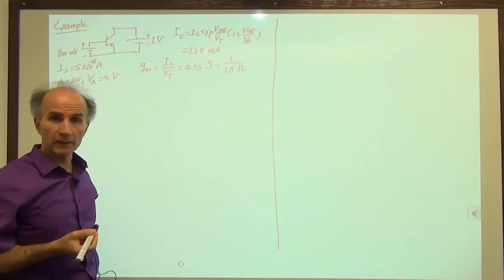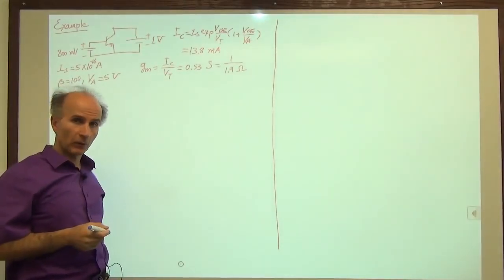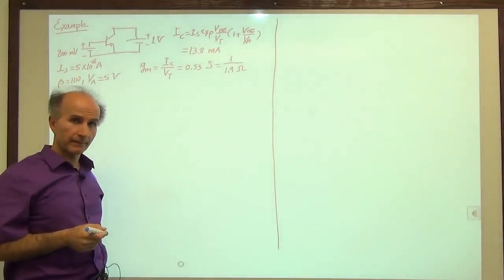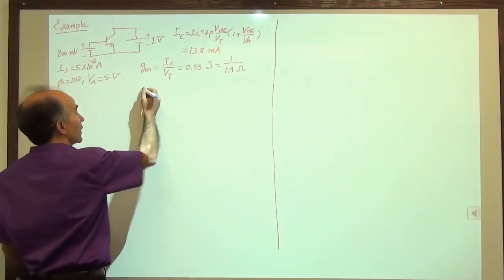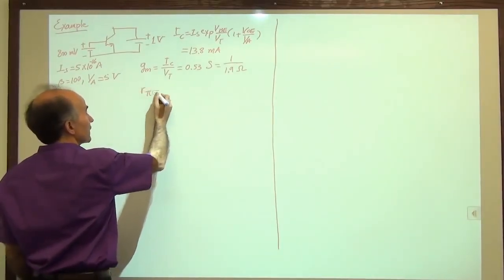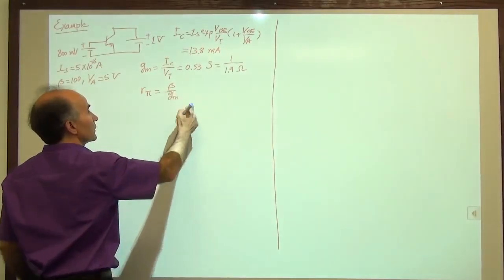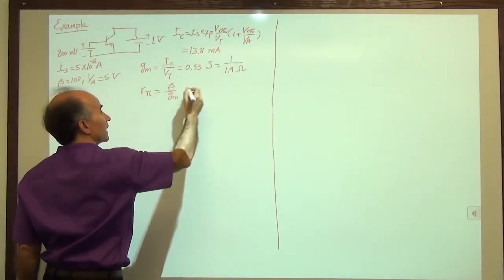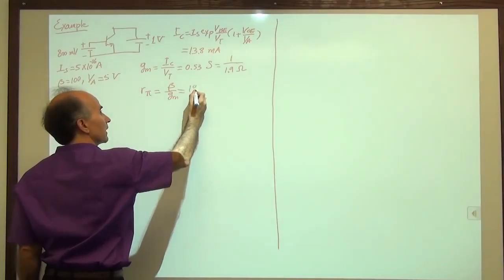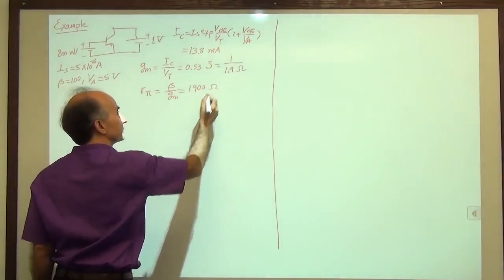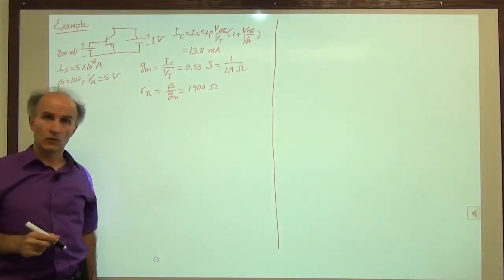Either way is fine, but it's good to be comfortable with both representations. Then RPi is just beta over GM, so 100 times 1.9. That's 1900 ohms. It's not that bad.